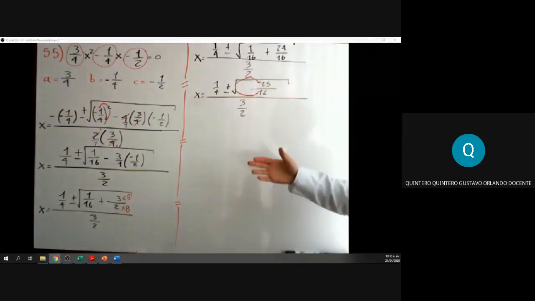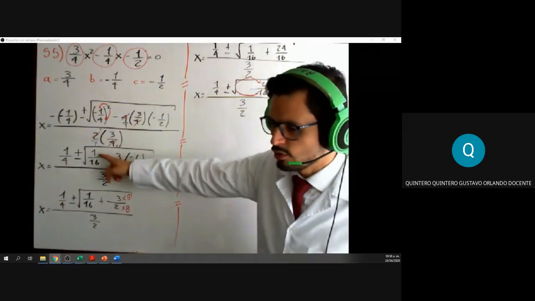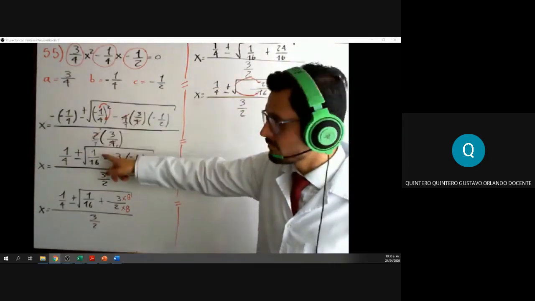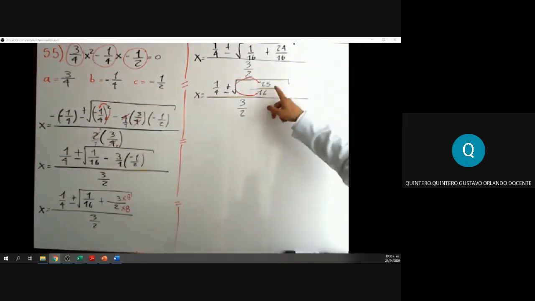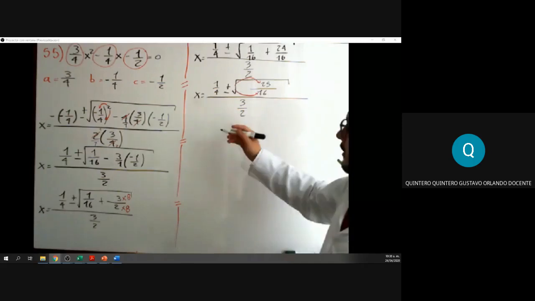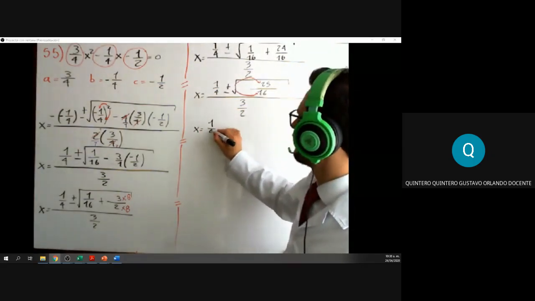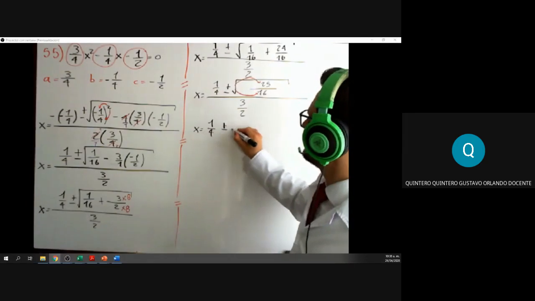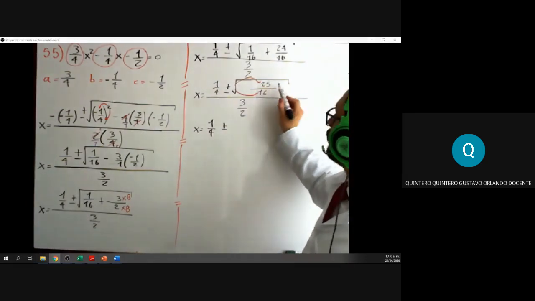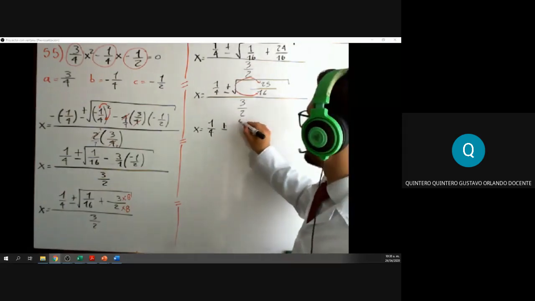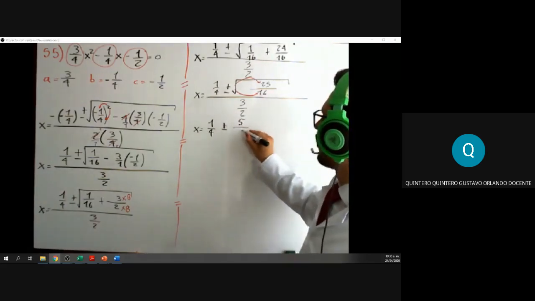The solution, of course, just like in here, the solution of a fraction to a power was a fraction. In here, we will have a fraction as well, but an easier fraction. Let me show you. X is now going to be 1/4 plus or minus the square root of 25 over the square root of 16. Square root of 25 is 5, and the square root of 16 is 4.